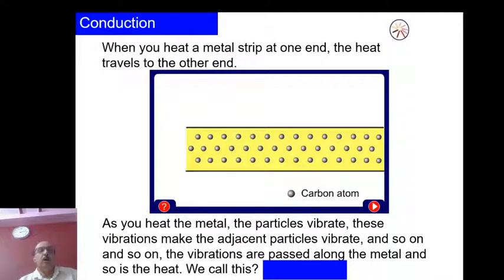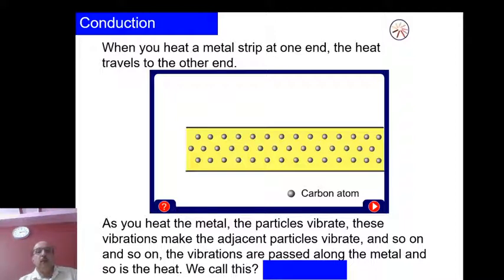Before starting convection and radiation, let us recapitulate conduction. When we heat a metal strip at one end, the heat travels to the other end. What happens?